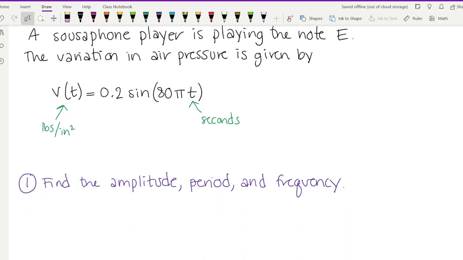Okay, so the actual problem we're focusing on says a sousaphone player is playing the note E. The variation in air pressure is given by the following function. And the units for the output are pounds per square inch. So that's a pressure unit, right? And then the input unit is seconds.